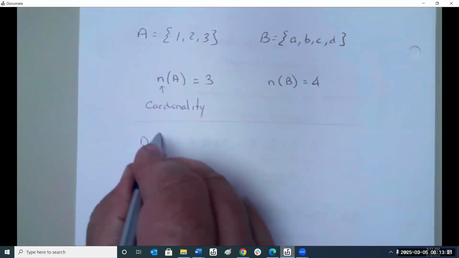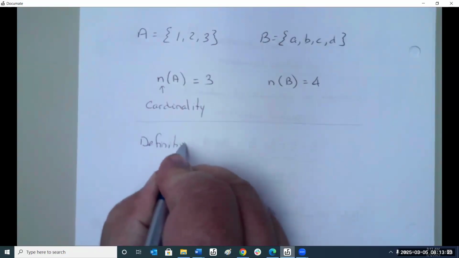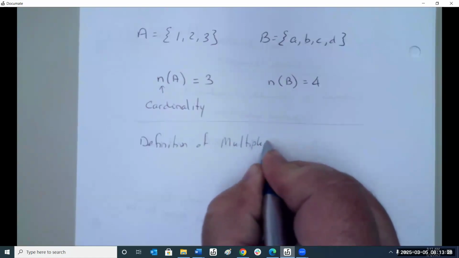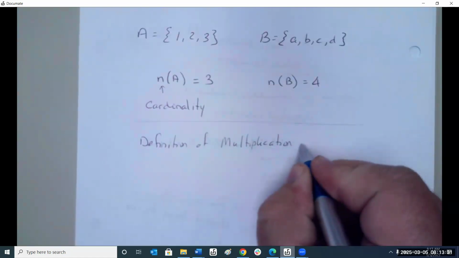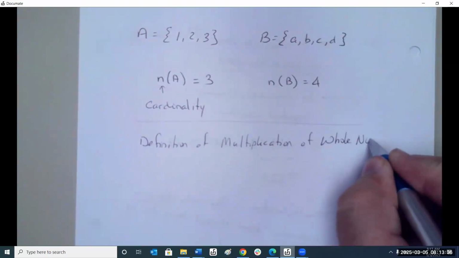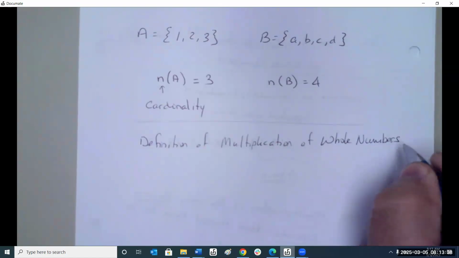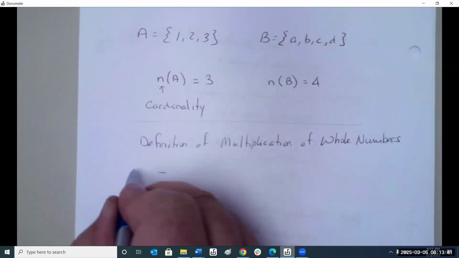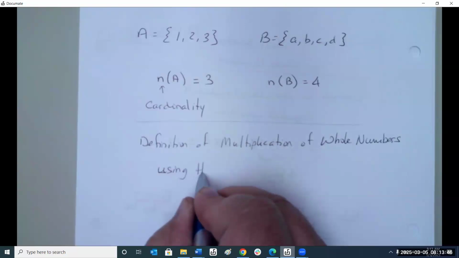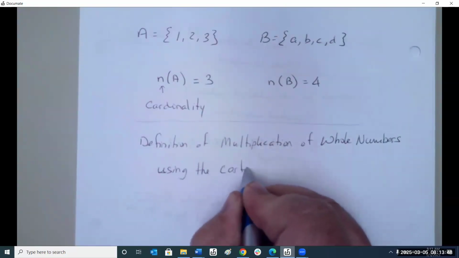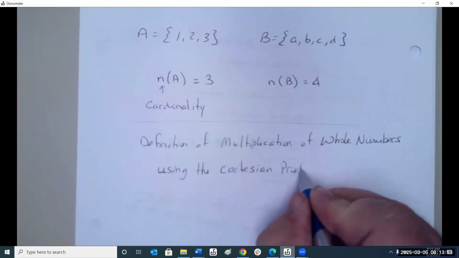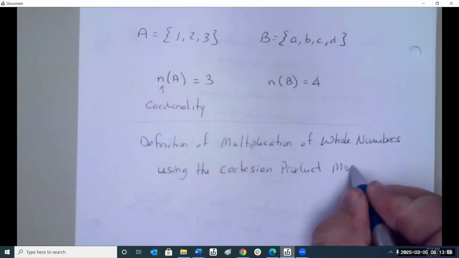So here's a definition of multiplication, since we're dealing with whole numbers, using the Cartesian product model.